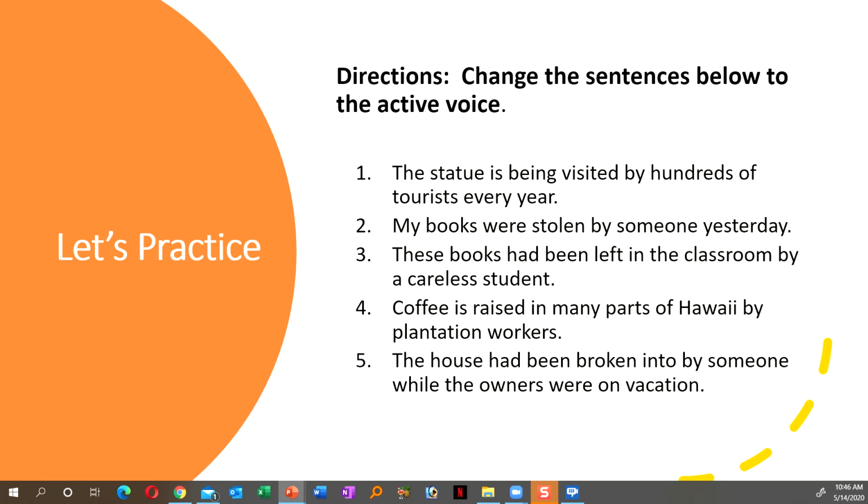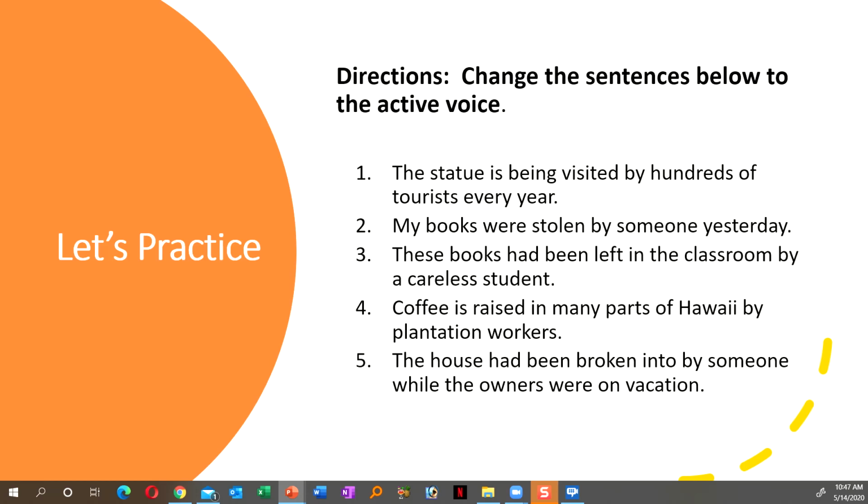Someone broke into the house while the owners were on vacation. Now here again, this is adverbial. So you can put this at the beginning, right? So we can say, while the owners were on vacation, someone broke into the house, right? So someone still remains as the subject, but this is adverbial.